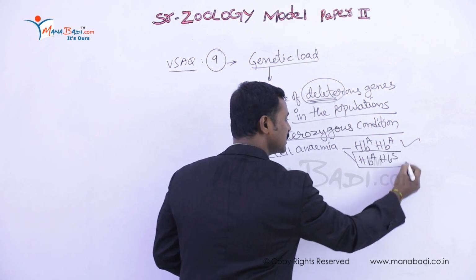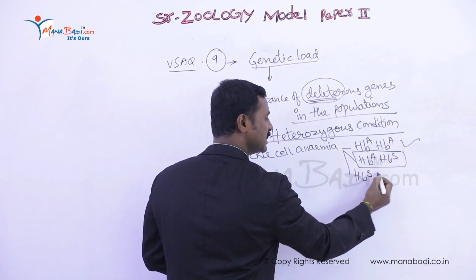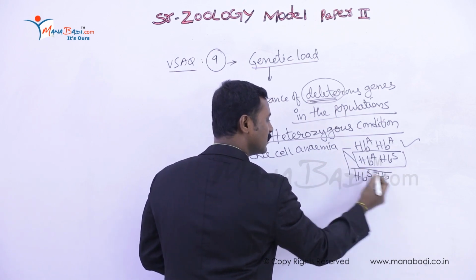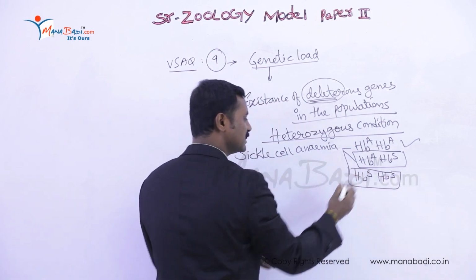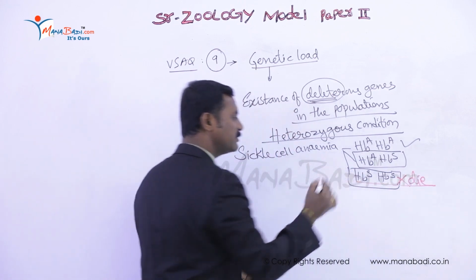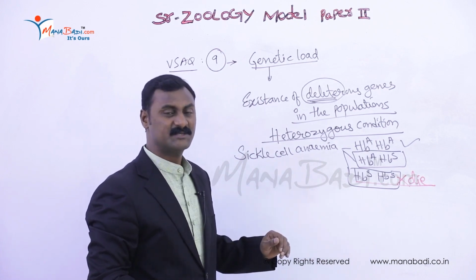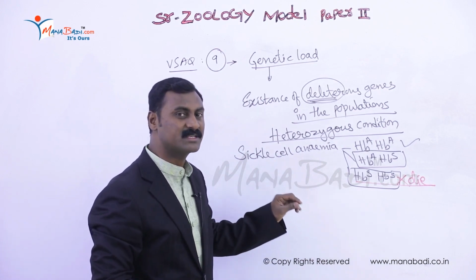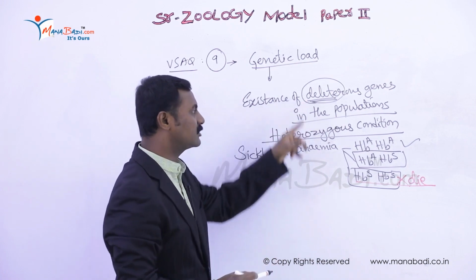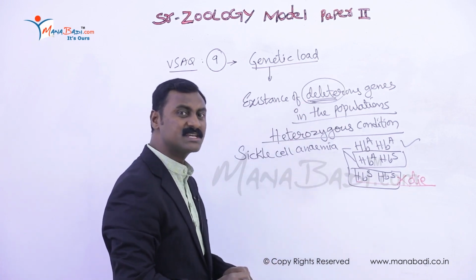This is the heterozygous condition, and another one is HbS HbS. These people are going to die. Why? Because they will not have proper red blood cells; the structural formation is defective due to this particular deleterious gene. So people will die in the homozygous condition.